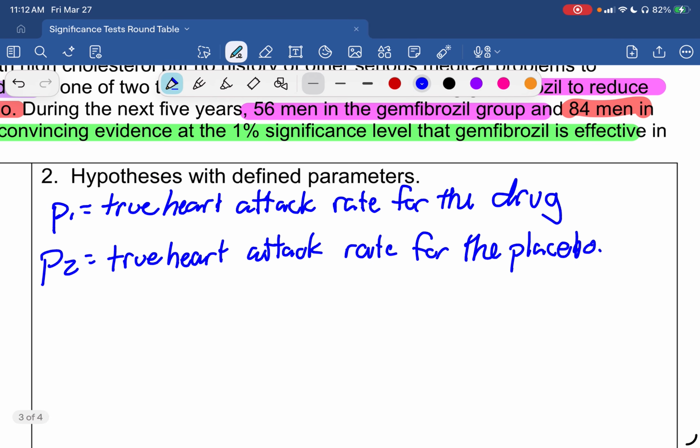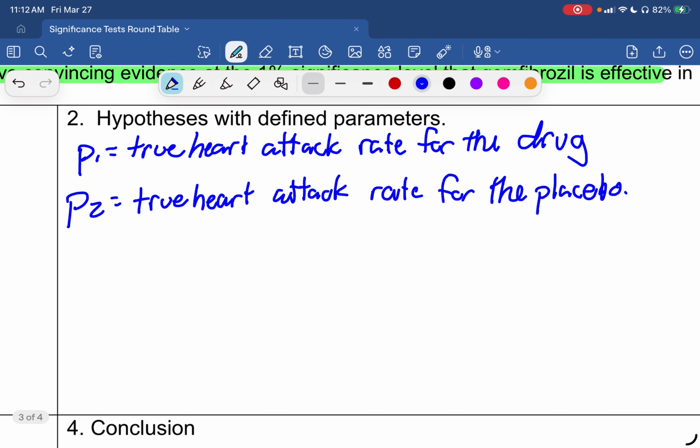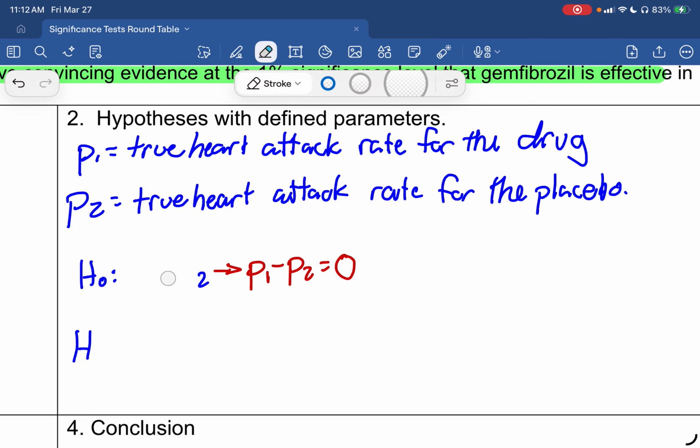Okay, what does it mean when we say it's effective? It means we are reducing the heart attack rate. In other words, we want P1 to be less than P2. What this ends us up with when we're dealing with the difference is that P1 minus P2 equals 0. Or sorry, scratch that.